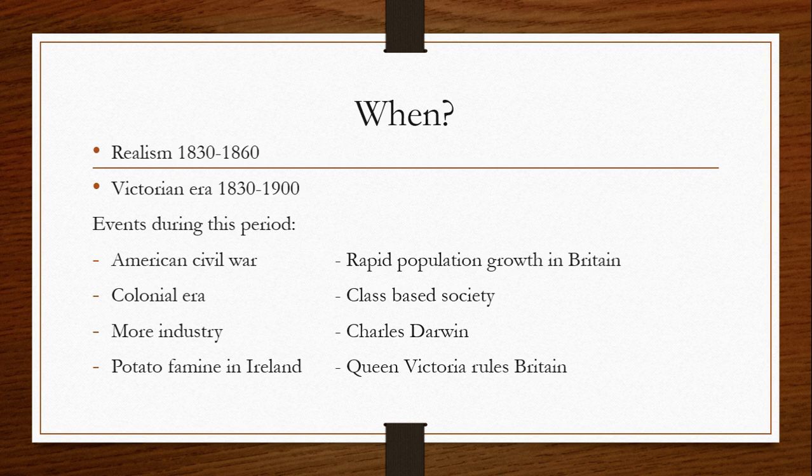We also have an important scientist at the time, Charles Darwin, who presented his theory of evolution, which had a great impact on how people think about their origins and who they are.